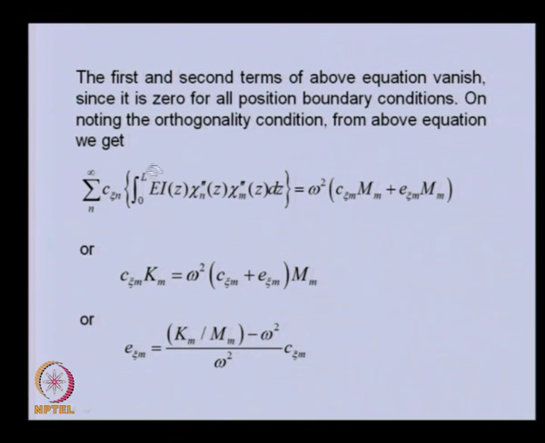This we earlier saw is nothing but the generalized stiffness, and it will be 0 if m is not equal to n. That means only one term will be left, corresponding to m equal to n, and the other terms will be 0. So the corresponding generalized stiffness is written here.